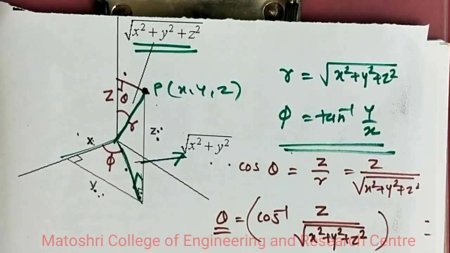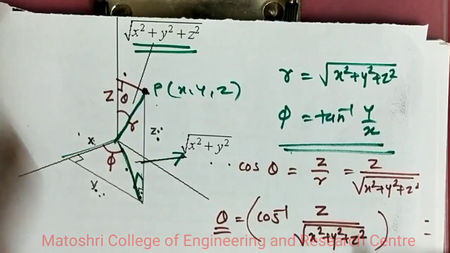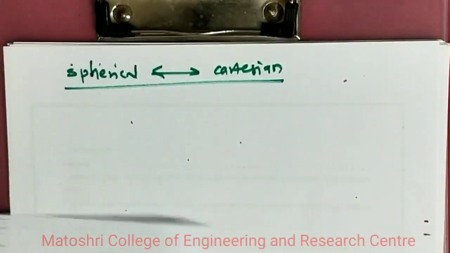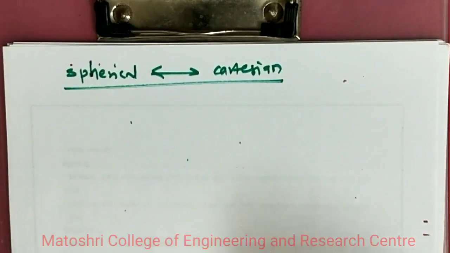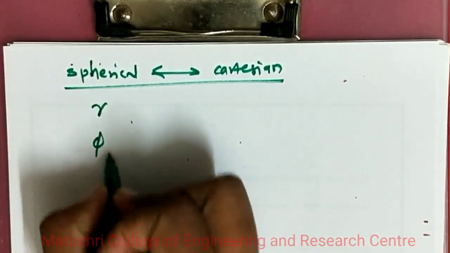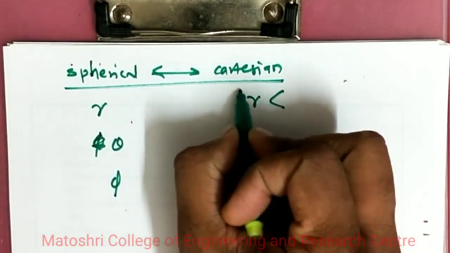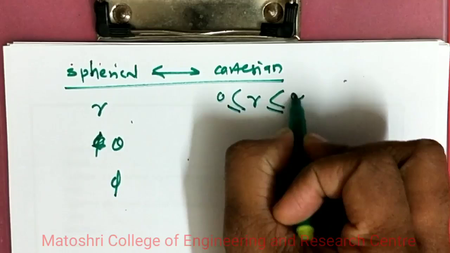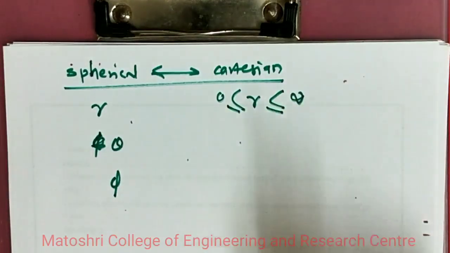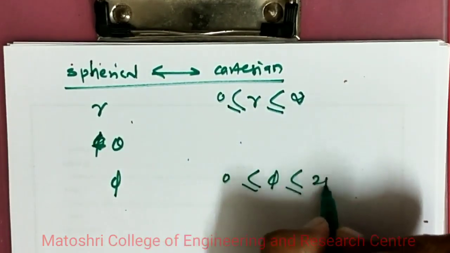Now before considering these expressions, we'll consider the possible variation of the components in spherical coordinate system. In case of a spherical coordinate system, you are using the three coordinates r, theta and phi. Here r can vary from 0 to infinity because the radius of sphere cannot be negative. Phi is the angle which you have already discussed, varying from 0 to 2 pi.